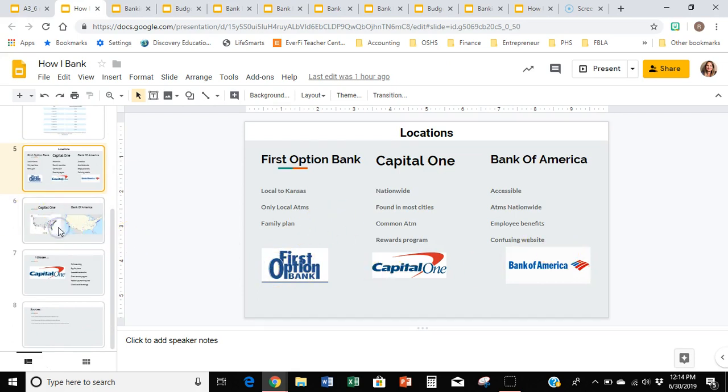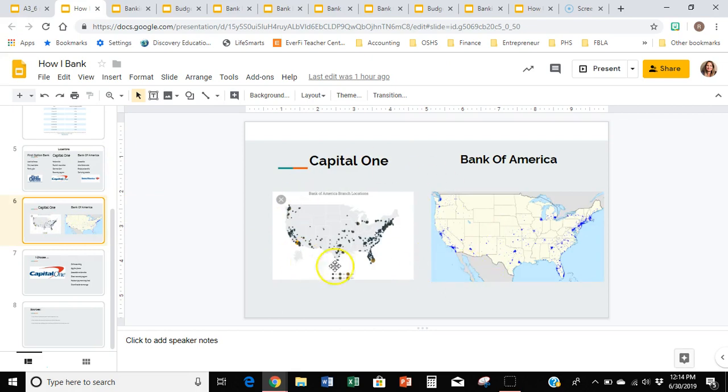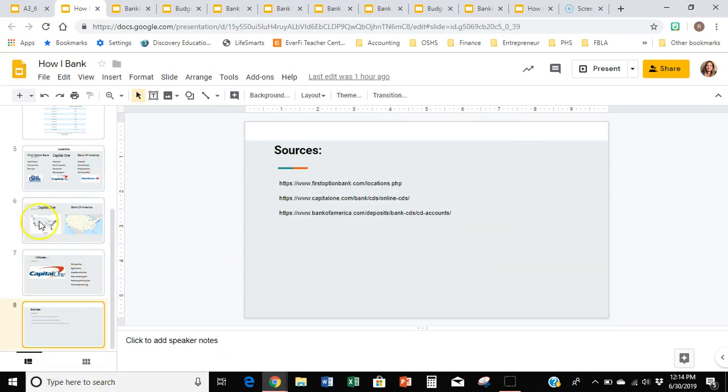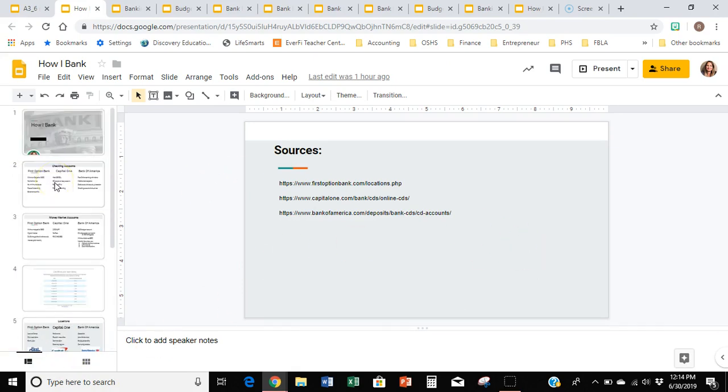And then she put in a graph to emphasize what she was speaking about previously, which was how much ATM access she would have depending on which bank she chose nationwide. And then again, her image matches what she's talking about. Really clean presentation and a good use of white space, which is not cluttering up your slide.